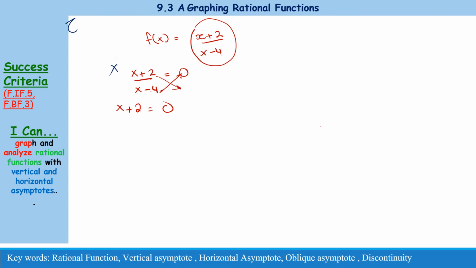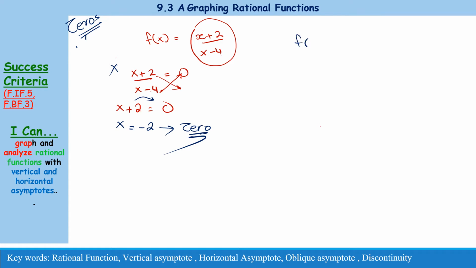If the question is to find the zeros of the rational function, only write the numerator and set it equal to 0, but make sure that none of the factors is common in them. Now bring the 2 to the other side, you will get x equals negative 2. So negative 2 is the zero of the rational function.